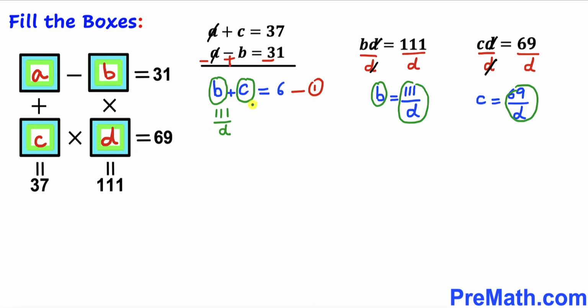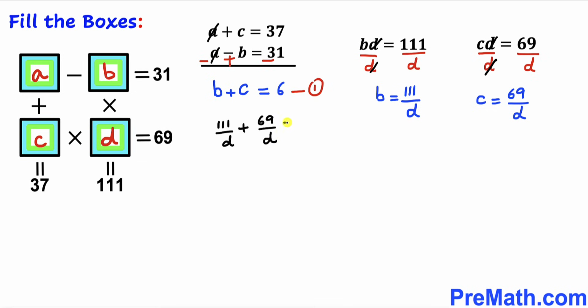So I can write 111 divided by d plus 69 divided by d equals 6. This left hand side could be written as 111 plus 69 all over d equal to 6.